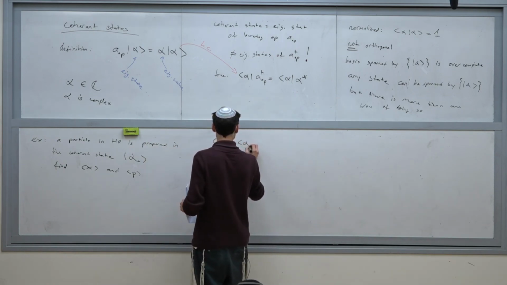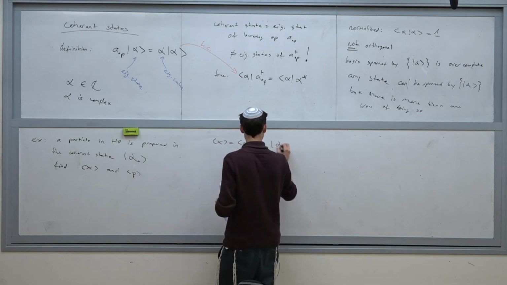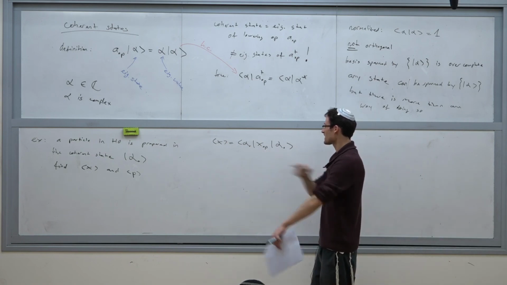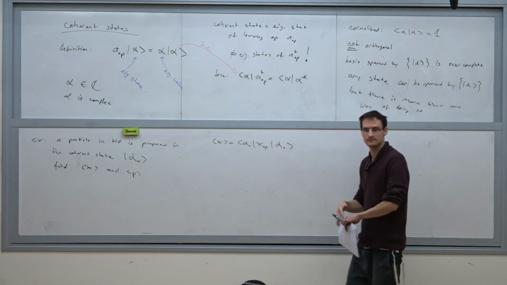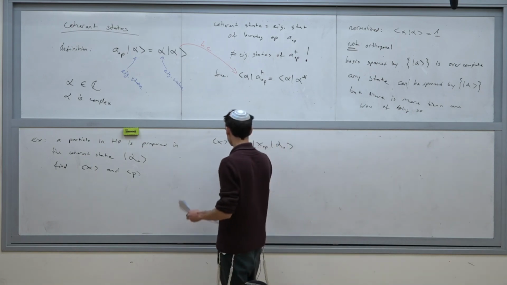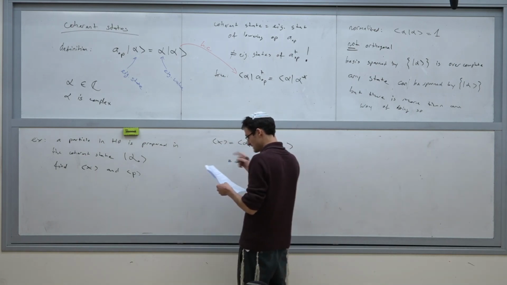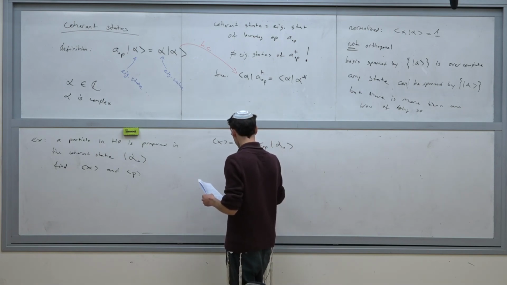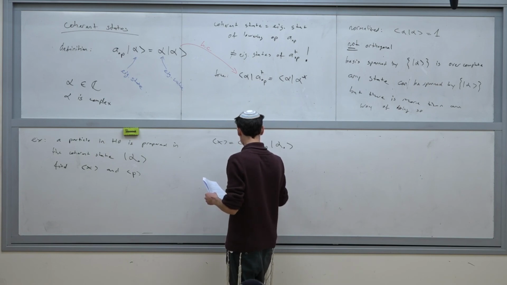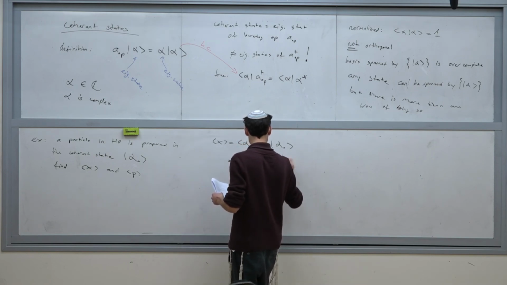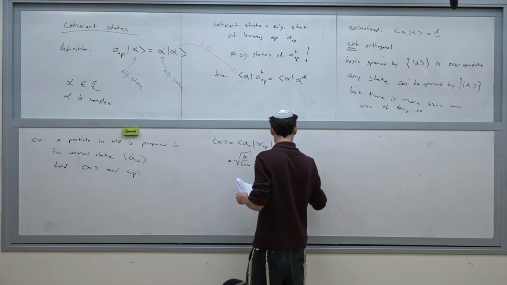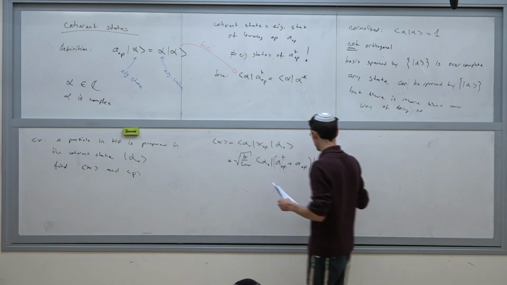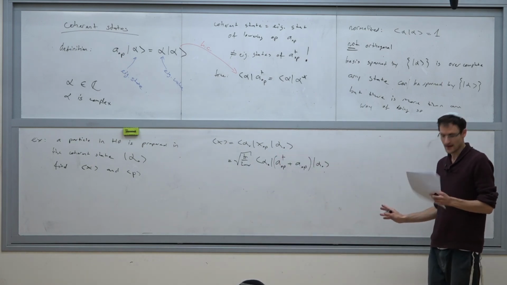Average x, by definition, is closing the x operator with the bra and ket of that state, right? Now I can write the x operator as a sum of a dagger and a. We know that. Nothing new.